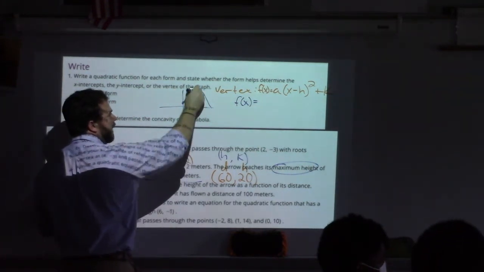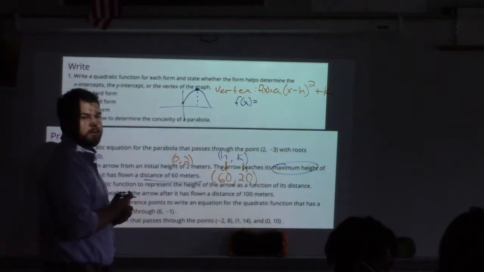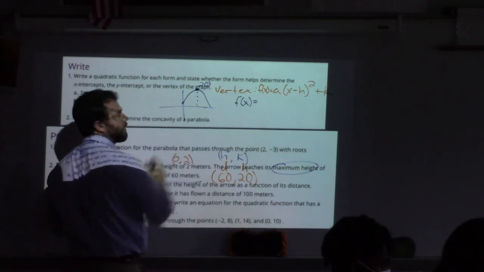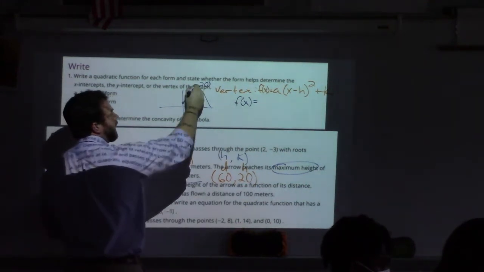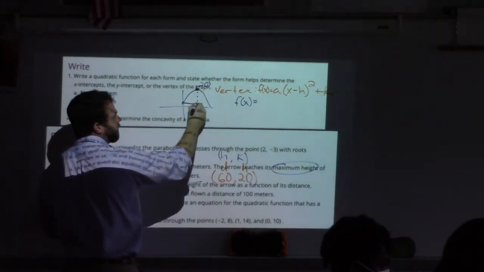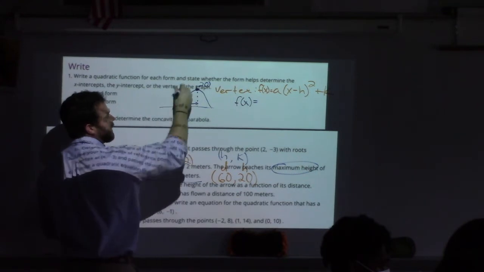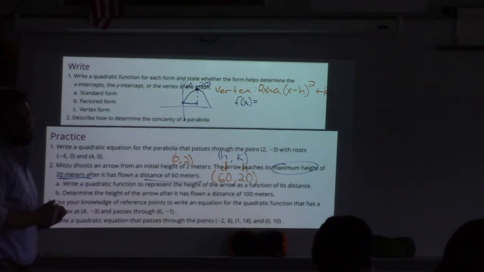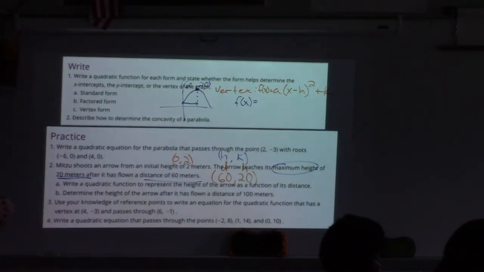Is the height a vertical or a horizontal piece? Vertical. That's why the height is 20. And remember, how far it has flown is horizontal, that's an x direction, so that's a 60. So it's based on the context. Does that make sense?